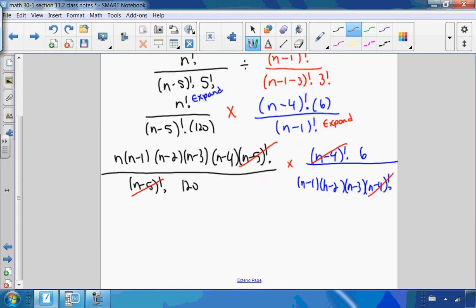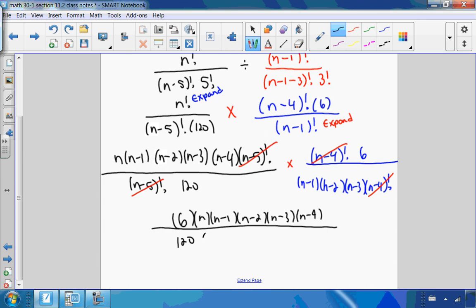So I can group this as one big fraction. Let me just do that. So 6 in the front times n, n minus 1, n minus 2, n minus 3, n minus 4, all over 120 in the front, and then n minus 1, n minus 2, and n minus 3. Grouping it as one big fraction, you can see there's more I can simplify.